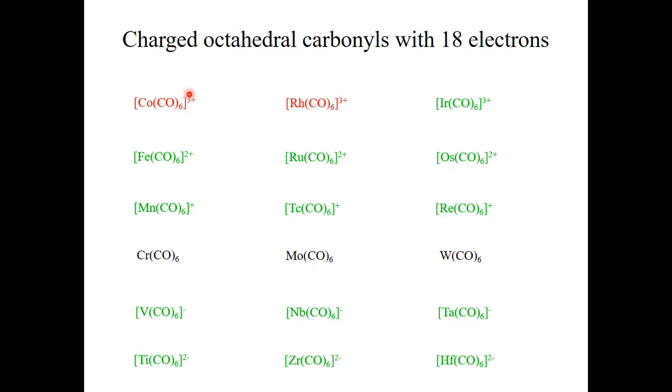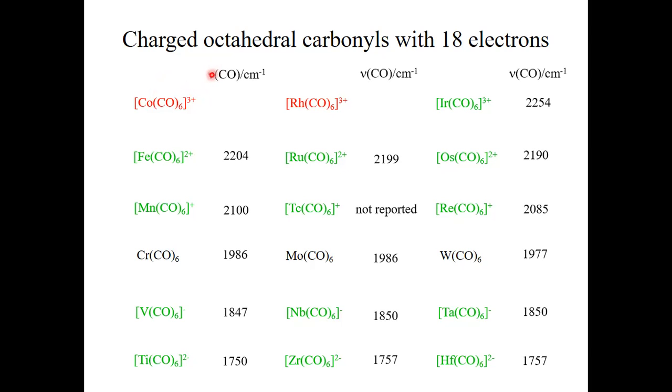So is there also experimental evidence for the weakening of the metal-carbon bond in these compounds? There is, and we can see this by IR spectroscopy. I'll show you here the wave numbers for the CO stretch vibration. You learned in the last class that as we strengthen the metal-carbon bond and increase the bond order between the metal and the carbon, we decrease the bond order between the carbon and the oxygen.